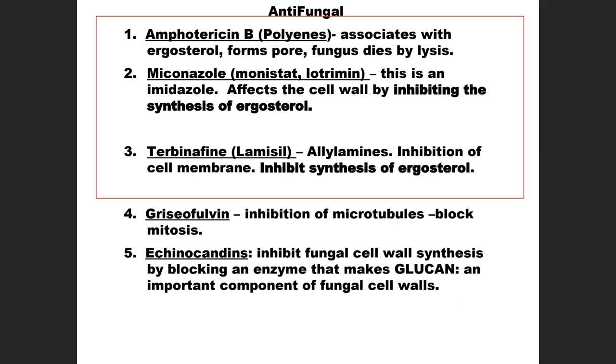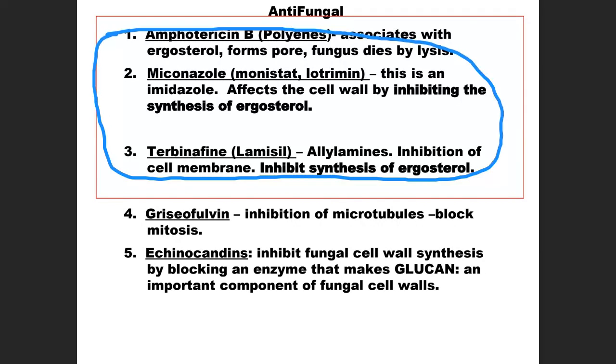So here's a list of some of the antifungal medications. The first three within this red square, amphotericin B, miconazole, and terbinafine, target the ergosterol. They might be used for different applications, but their target is the ergosterol in the cell membrane of these fungal agents.